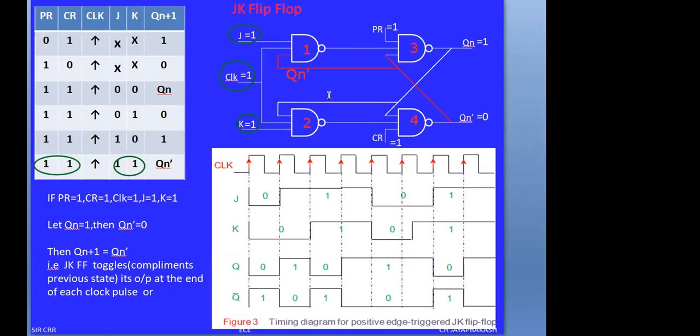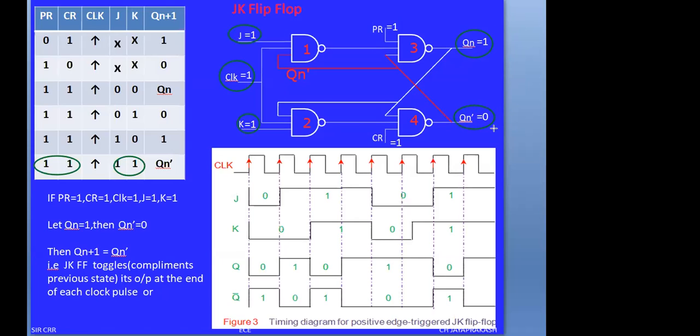First, I am assuming the initial condition. We have to define this operation by assuming a certain condition. Initially I am assuming that Qn equals 1. If Qn is 1, then automatically Qn bar will be 0.